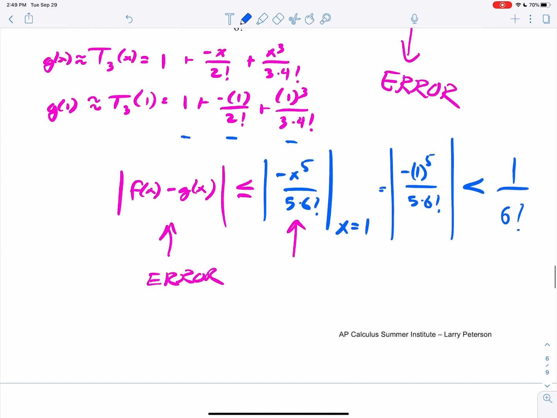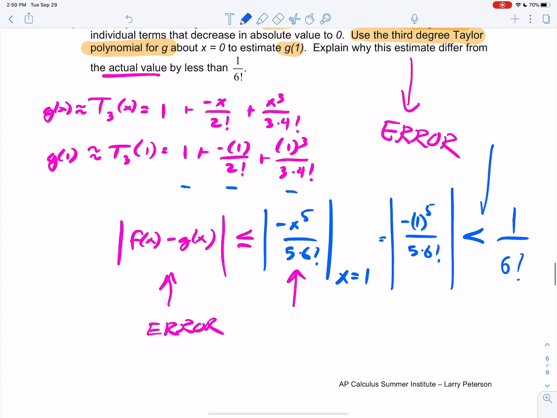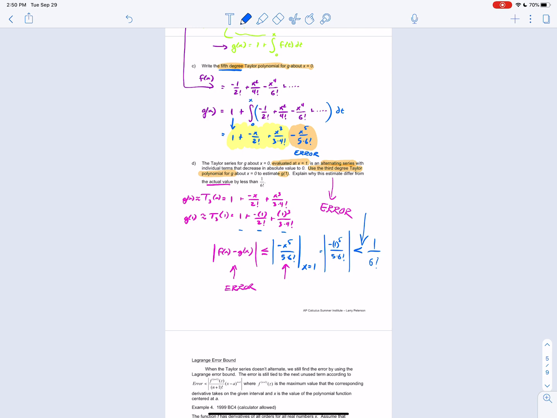But really, just to show you, if you clean this up, that comes out to 1 over 5 times 6 factorial. And by now, you should know that that's definitely less than 1 over 6 factorial because you're making your denominator larger. But again, you don't have to evaluate it. If you know your steps, you know you're going to be right, you could just make the statement that it has to be less than. And there you have it.